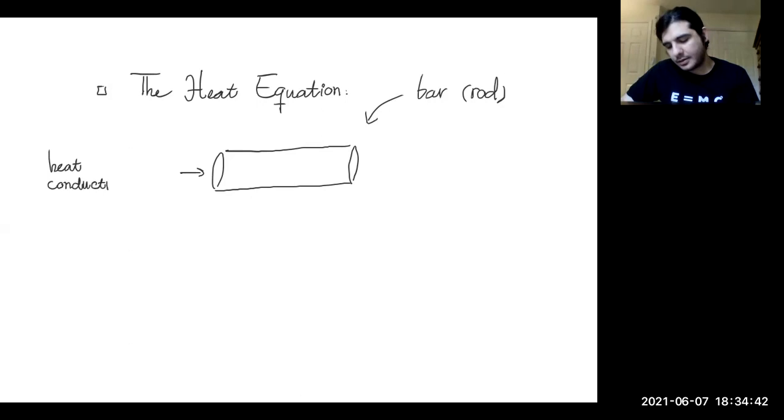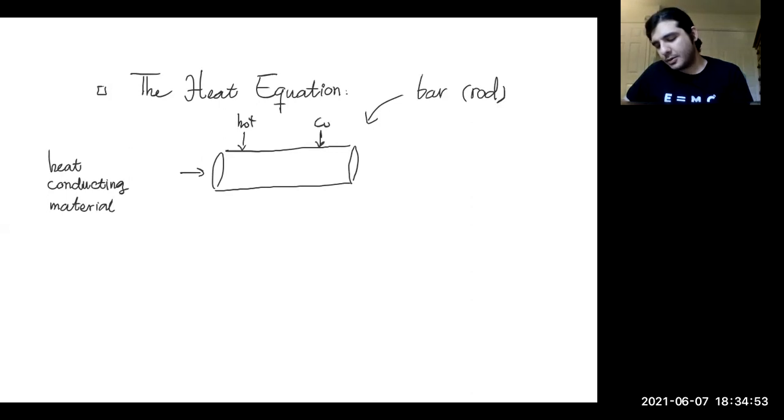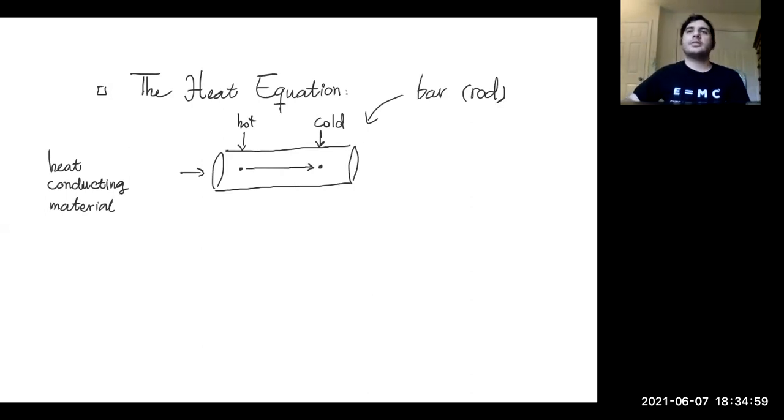So for example, if this point is very hot and this point is very cold, the temperature and the heat would move from this point to this other point. So in that sense, this is a conductive material.